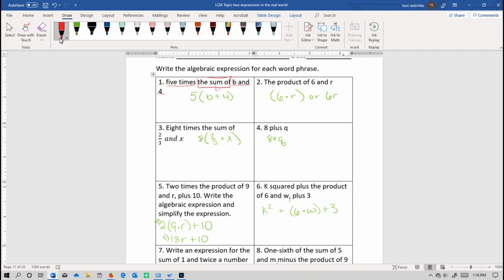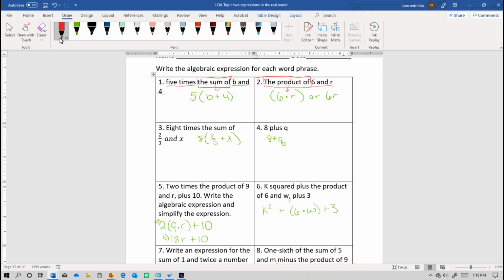The product of means I got some parentheses going on, and inside that parentheses should be a 6 and an R. Now the product means the answer to a multiplication problem, so it's multiplication inside the parenthesis. The other way you could write it is you could say I don't really need the parenthesis. It's just the 6 times the R. There's nothing else. I only need parentheses when I need to do that before anything else. So I can write it 6R, right?